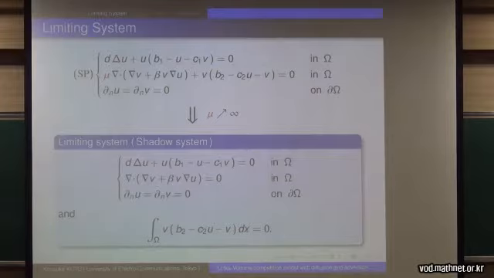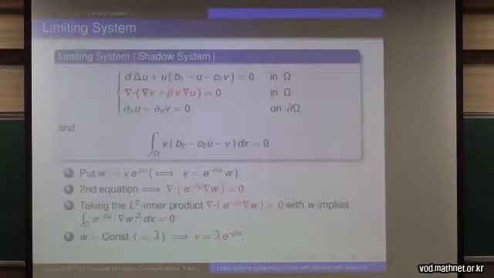Okay? So formal derivation: our limiting system consists of the Neumann problem for a couple of elliptic equations and an integral equation.